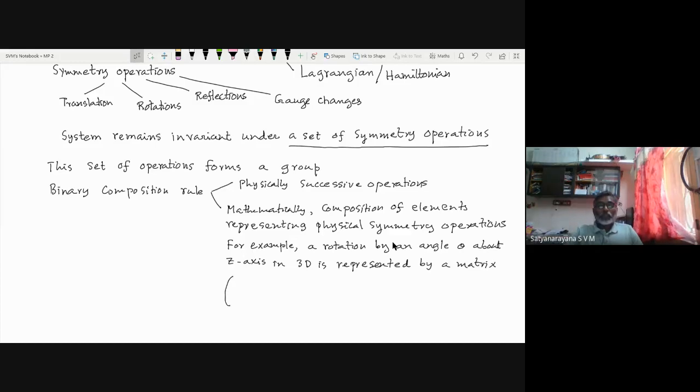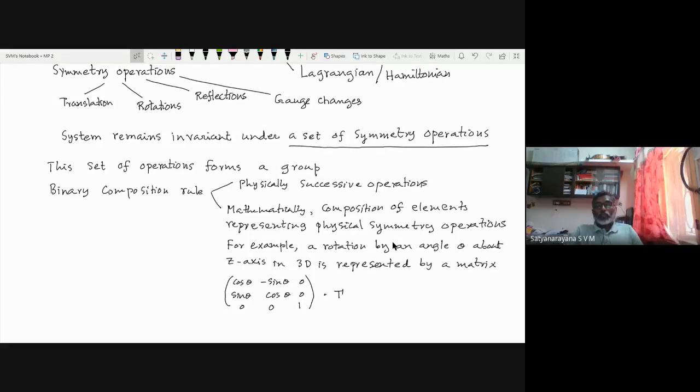A matrix like this: cos theta, minus sin theta, 0; sin theta, cos theta, 0; 0, 0, 1. Okay.